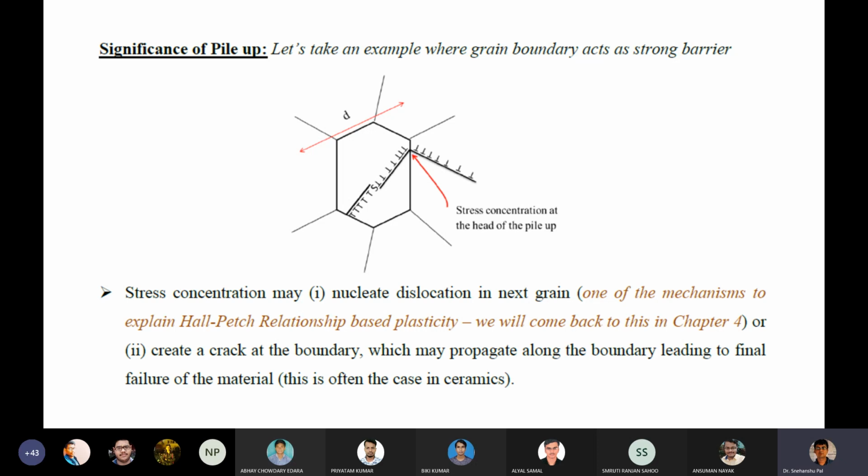Or it may create a crack at the boundary, which may propagate along the grain boundary, leading to final failure of the material. This is often the case in ceramics, which are brittle materials. So what is actually happening with the pile-up phenomenon, and how is it related to strength as well as the failure behavior of certain materials?